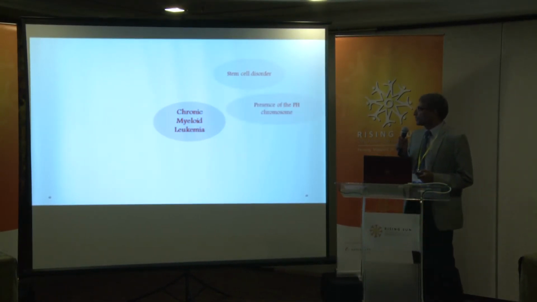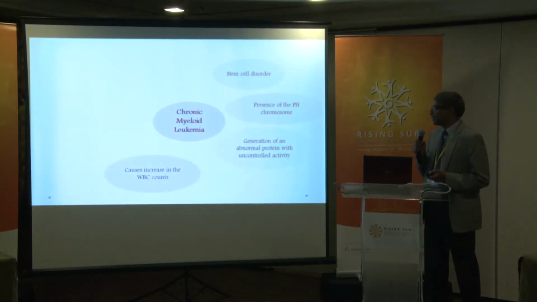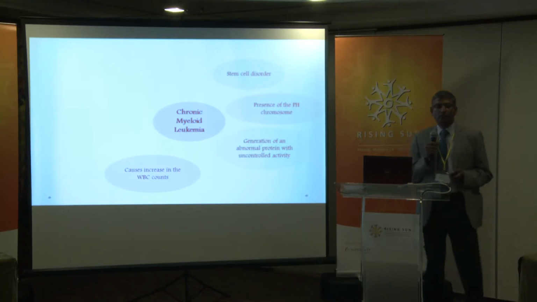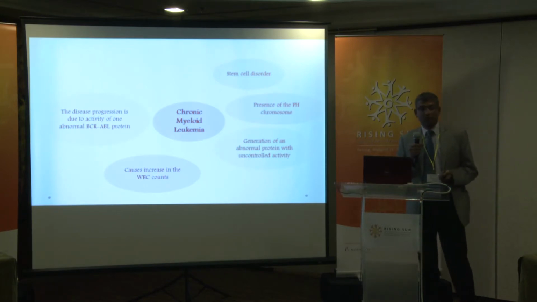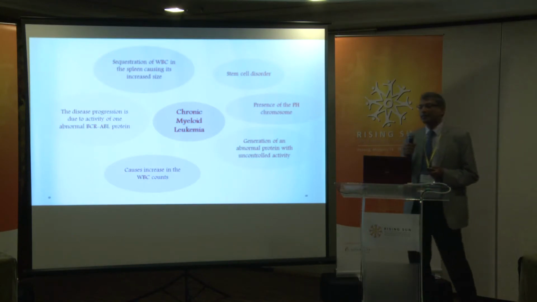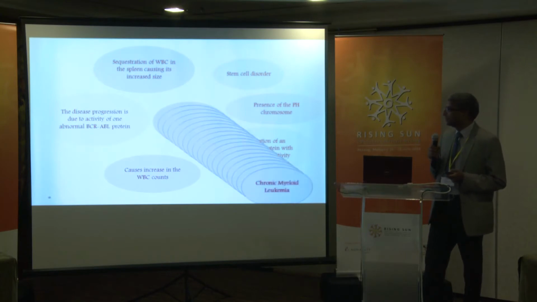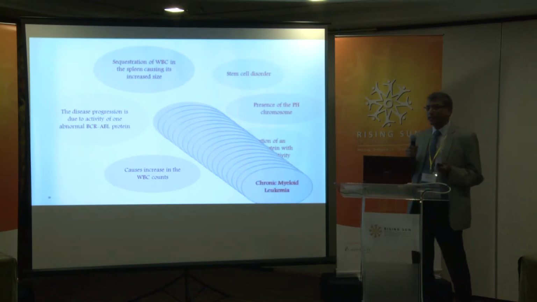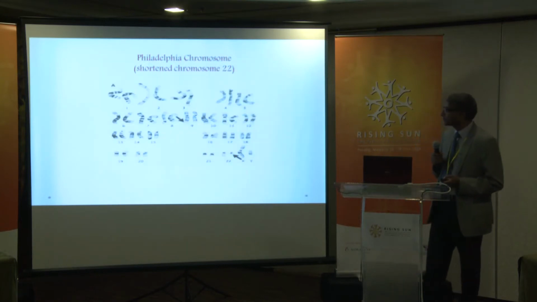You have the presence of the PH chromosome, you have the generation of an abnormal protein, which causes proliferation, an increase in the total leukocyte count, which leads to disease progression if you leave it to the natural history of the disease. And there is a sequestration of the WBCs in the spleen, which results in the massive splenomegaly that most of the patients present with. And this results in a chronic proliferation and the leukocytosis with which the patient presents.